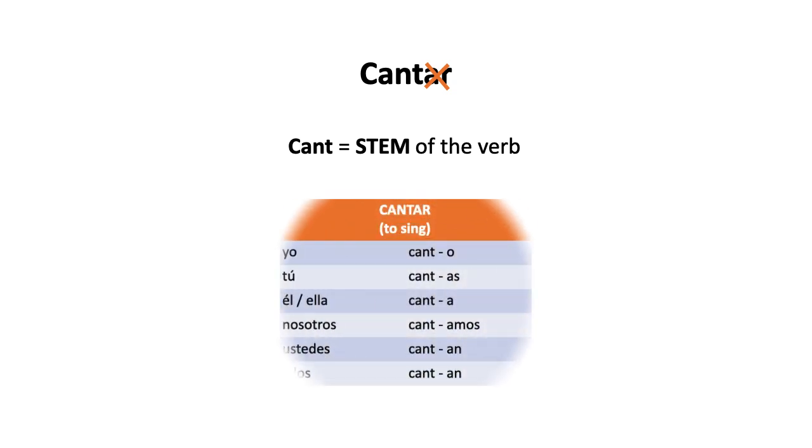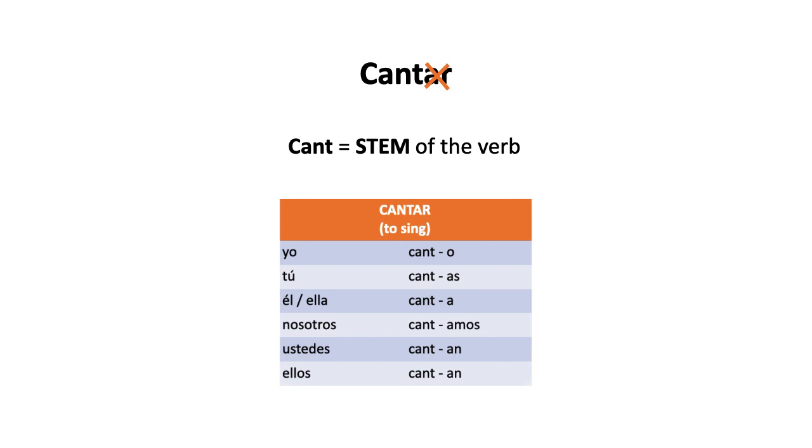So in this case, we get rid of the a and the r. And then what we are left with is the stem of the verb, right? Remember that term. The stem of the verb is what you're left with after you get rid of the ending of the infinitive. So the stem of cantar is cant, right? And then I use the stem everywhere, right?